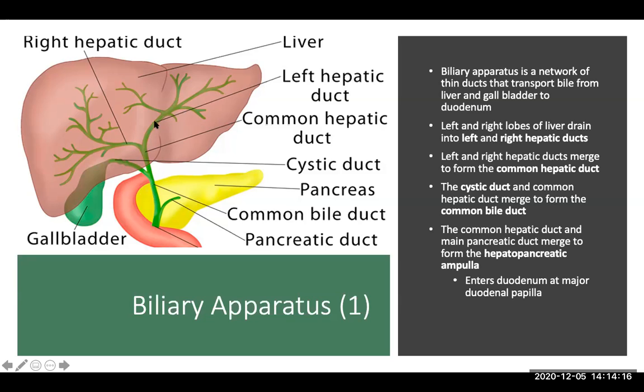The right and left hepatic ducts go into the different lobes, and the common hepatic duct exits out of the liver. The cystic duct exits out of the gallbladder, and the common bile duct is the combination of the two that will take the bile into the duodenum. The pancreatic duct comes from the pancreas. The pancreatic duct and the common bile duct enter together at the major duodenal papilla to bring bile and pancreatic enzymes into the duodenum.